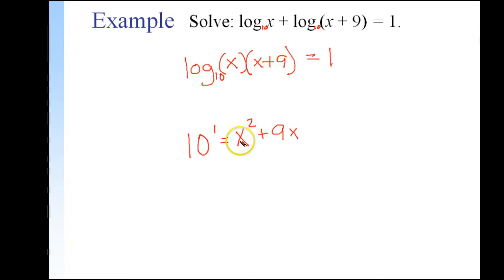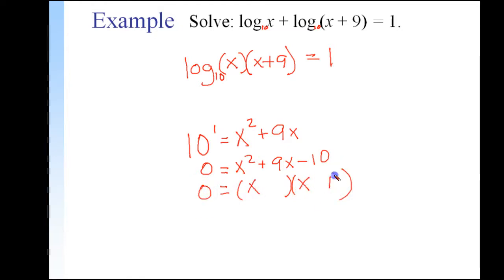Now this is a quadratic equation. How do we solve that? Well, we're going to move everything over to one side and have it equal 0. We're now going to factor, and this is a 10 and a 1. The 10 needs to be positive.